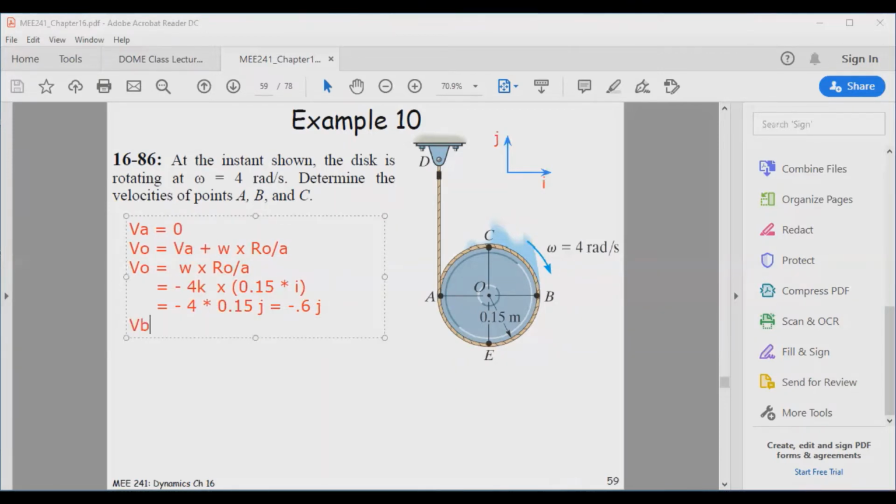So I'm going to do VB. It's going to be equal to. So can I use VA or VO as my reference? Does it matter or no? Can I use VO? Yes, exactly. So I can actually use VO plus omega cross R of B with respect to O, which is actually equal to VA plus omega cross R of B with respect to A, right? So let me.